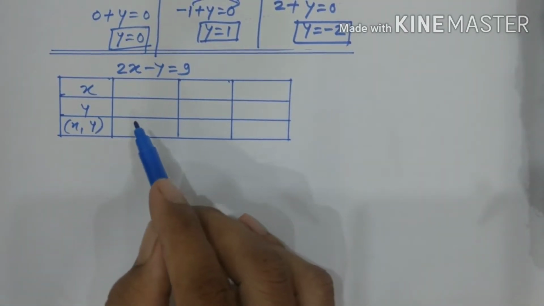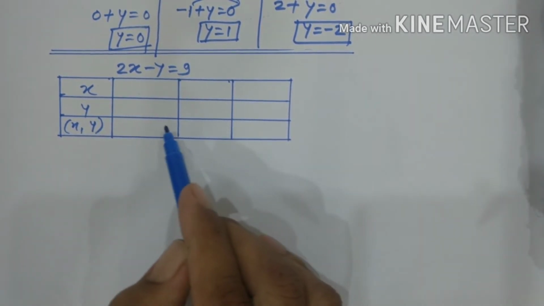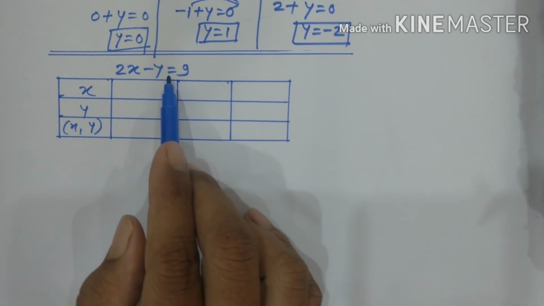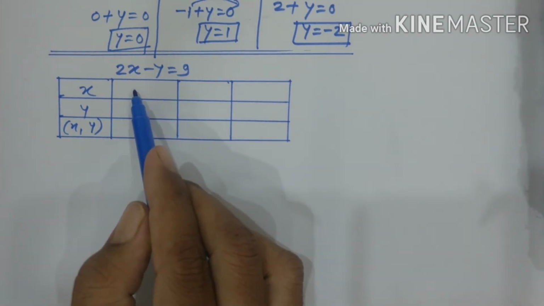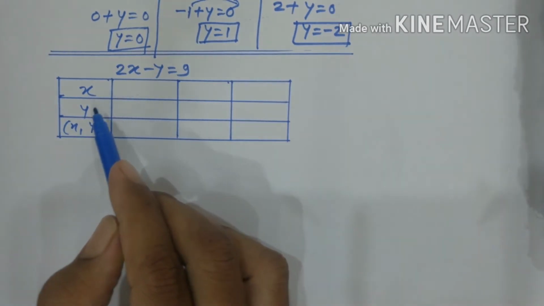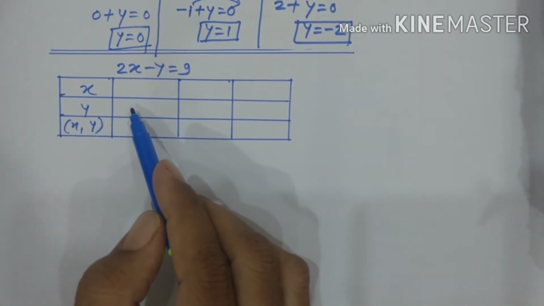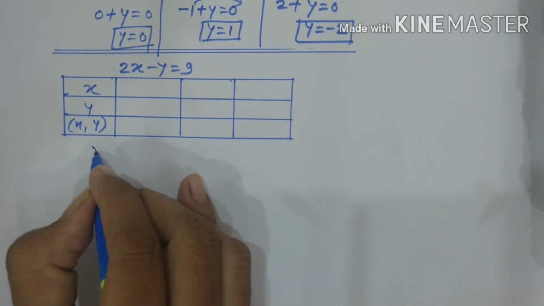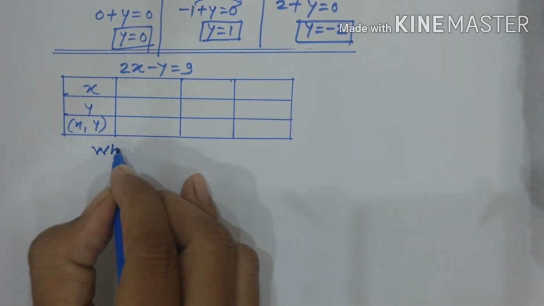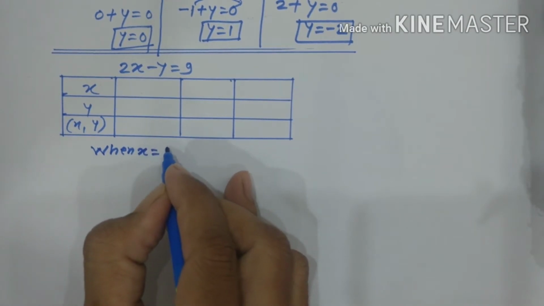Here I have prepared table for the given equation. Here also we have to find the 3 solutions for the given equation. We have to consider any value of x which is convenient for us and we have to obtain value of y by calculation. So I take value of x equal to 1.